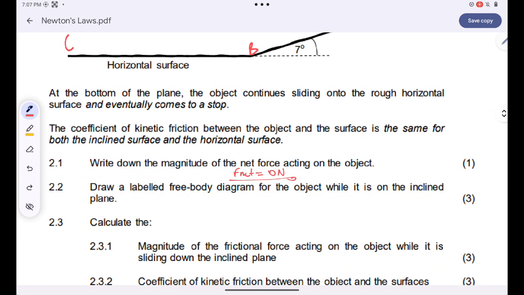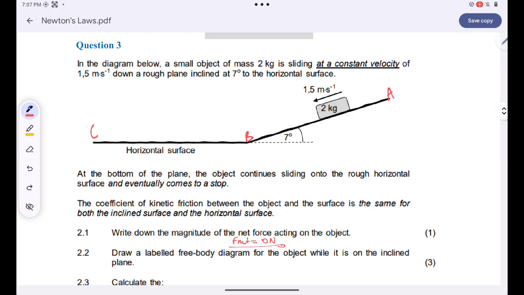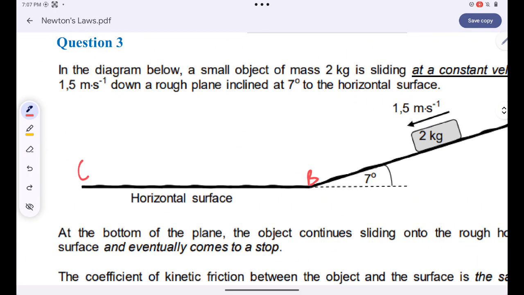Question 2.2: they want us to draw a free body diagram for the object while it is on the inclined plane. On the inclined plane, you can draw the free body diagram like this.